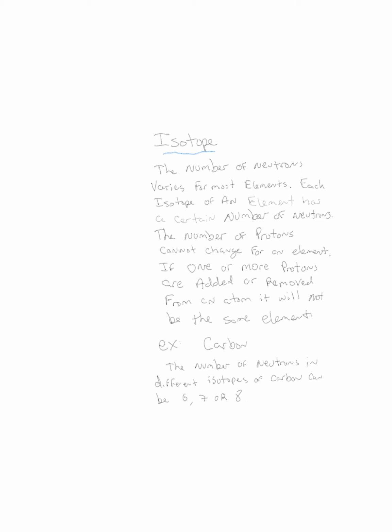So as an example, I put carbon down here. If you have a carbon atom, there's a potential for at least 3 different isotopes. And in those 3 different isotopes, you could find 6 neutrons, 7 neutrons, or 8 neutrons.